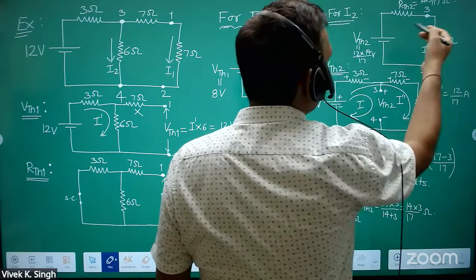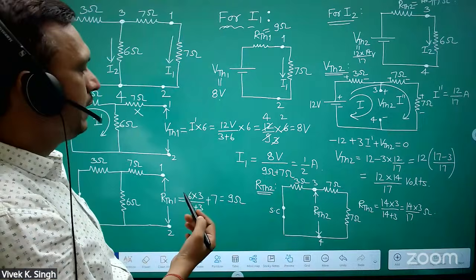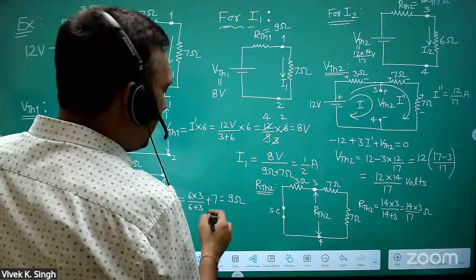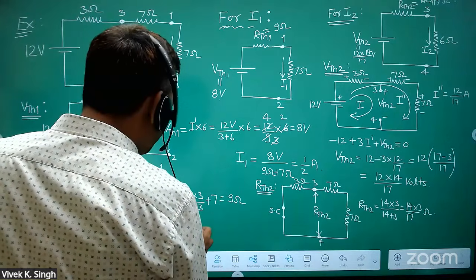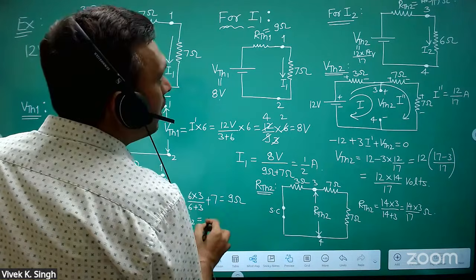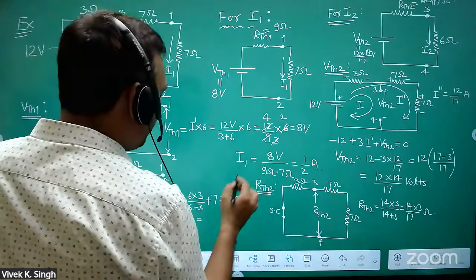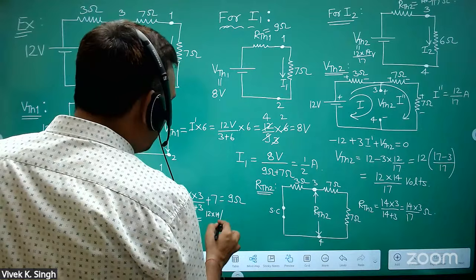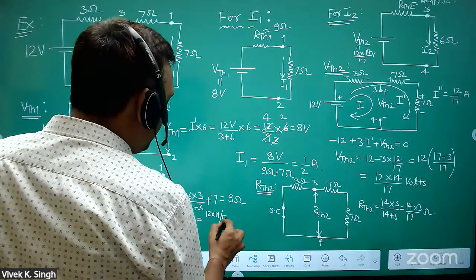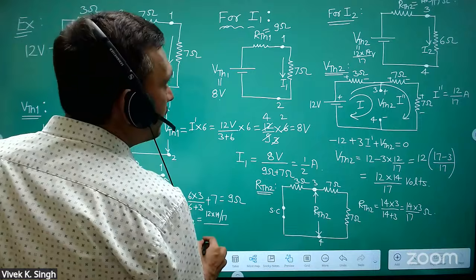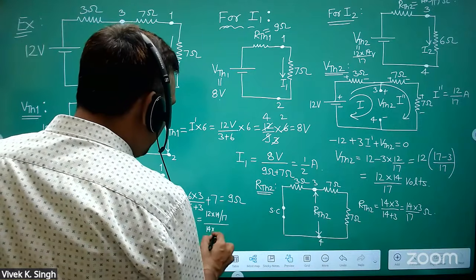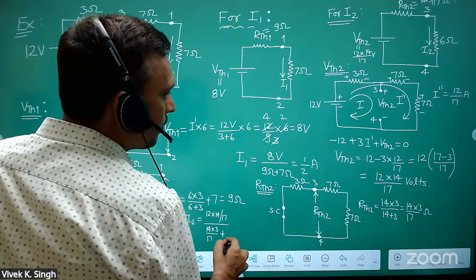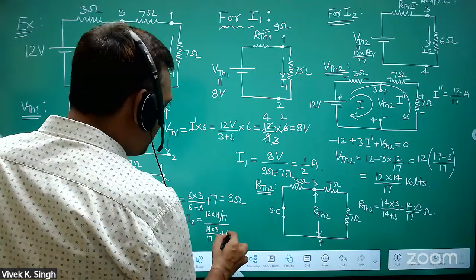Now you know VTH2 and RTH2, so you will get the current. Current I2 will be given by VTH2 divided by RTH2 plus 6.